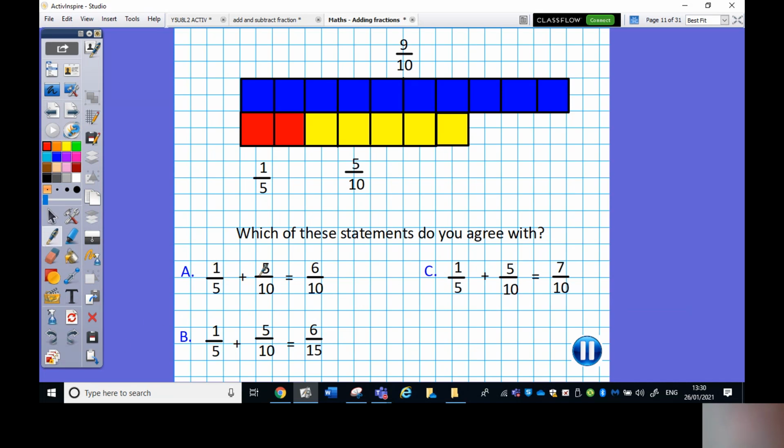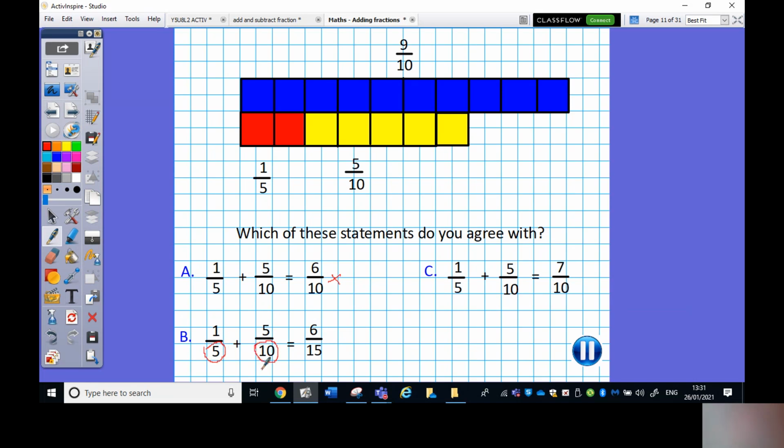So we have 1/5 plus 2/10. What was 1/5 equivalent to in tenths? That's right, 2/10. 2/10 plus 5/10 equals, 2 plus 5 does not equal 6, so I know that it can't be A. What about here? Oh, it looks like what they've done is they've added the 2 denominators.